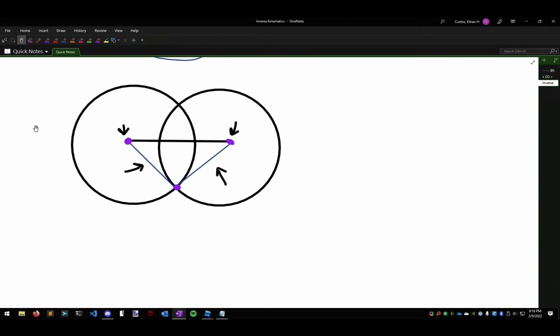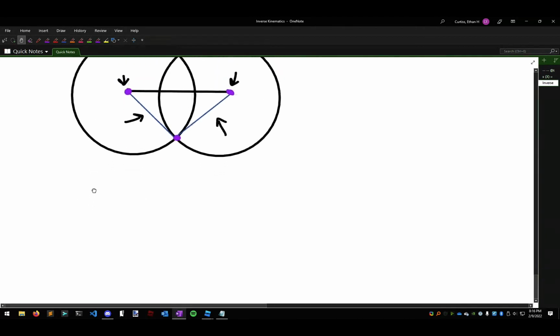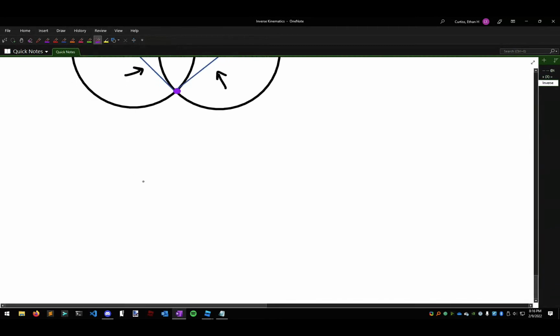So the way we're going to solve this is with a formula called the law of cosines. And the law of cosines says, so let's draw a triangle. If we're given a triangle and we have the side lengths and we want to determine an angle here, here's how they're related.